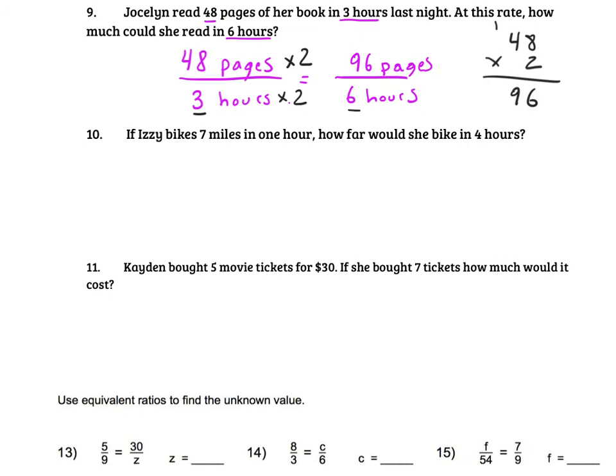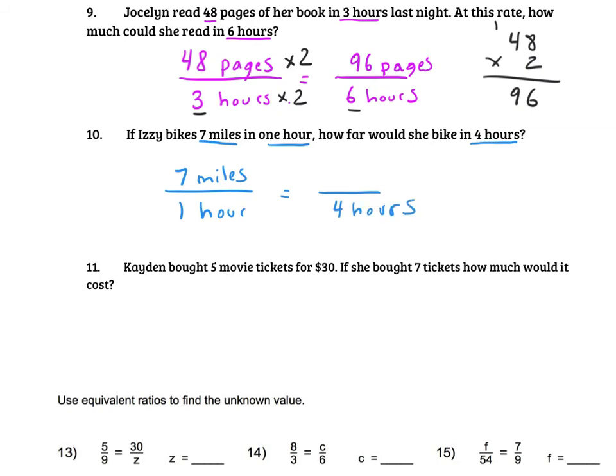Now let's check Izzy's bike riding. If Izzy bikes 7 miles in 1 hour, how much would she bike in 4 hours? So again, I'm going to set up my ratio, 7 miles in 1 hour. How much would she bike in 4 hours?